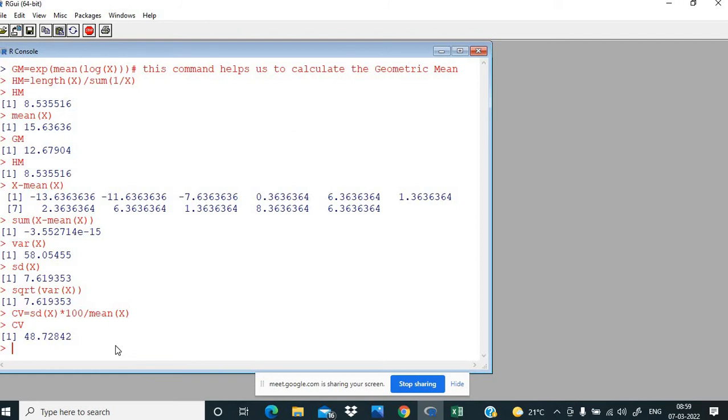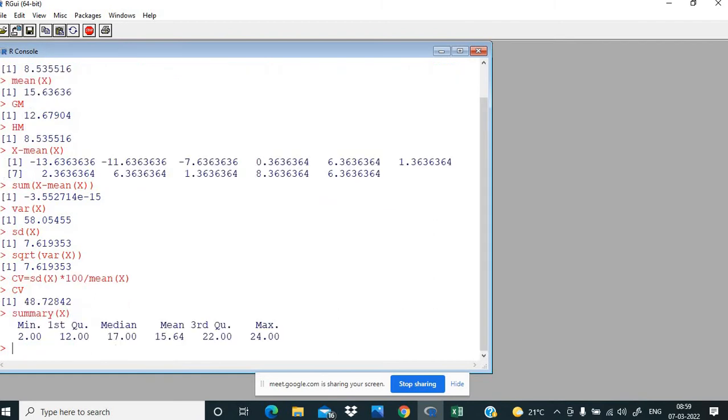Now let us look at this. Suppose you want data summary. So summary, and then you give x. So this is the minimum value. This is the maximum value. Minimum value is 2, maximum value is 4. This is mean 15.64, and here you can also see 15.636. So 15.64. It is median.